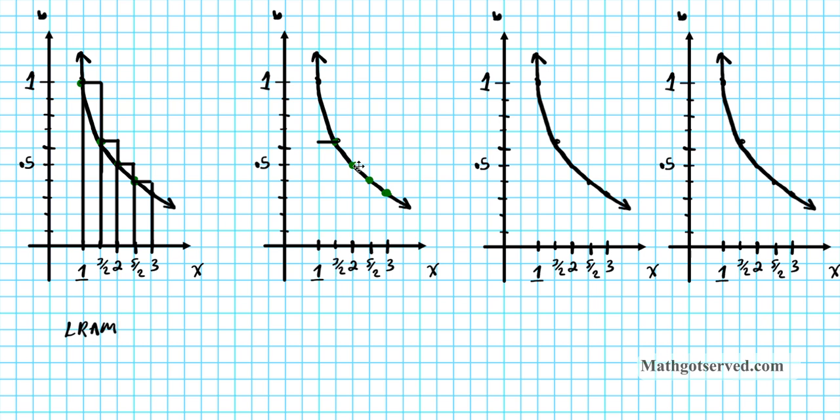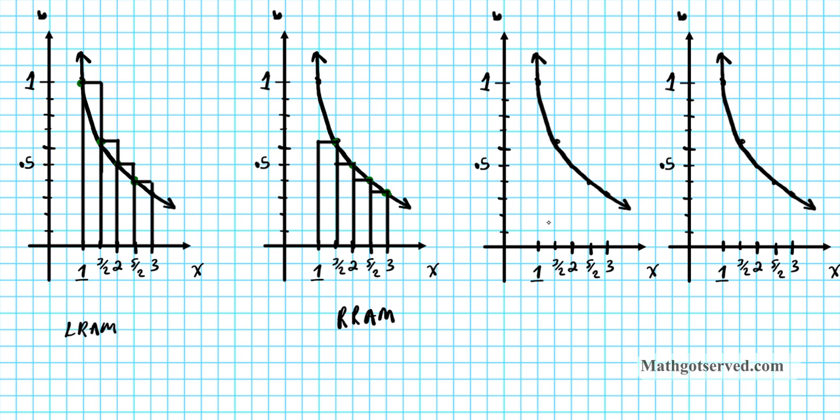For the second one, this will be the height. For the third one, this will be the height. For the fourth one, this will be the height. And then we can go ahead and draw our rectangles to fit in, illustrating the right rectangular approximation. My lines are going a little bit off, sorry about that. So there goes the first rectangle, the second, the third, and the fourth rectangle. And this one is your right rectangular approximation.